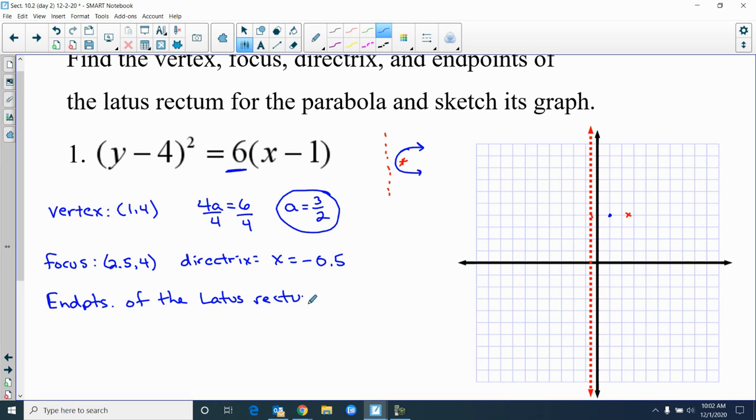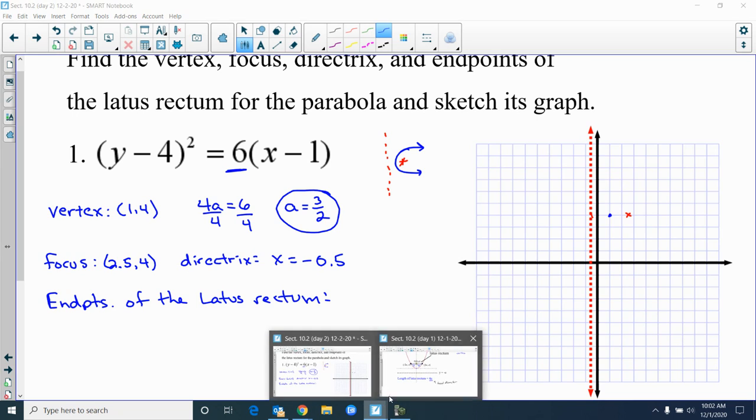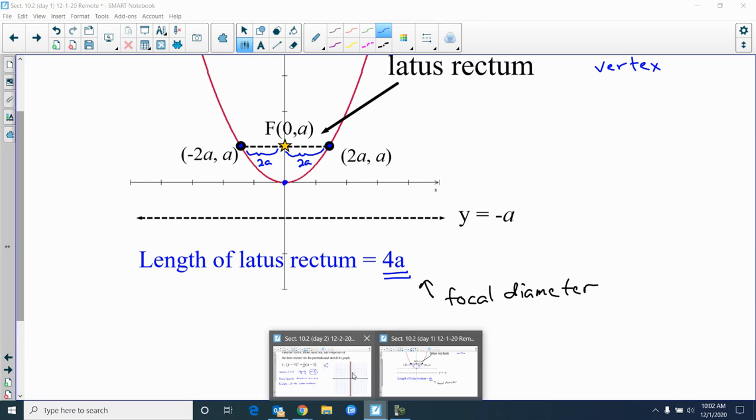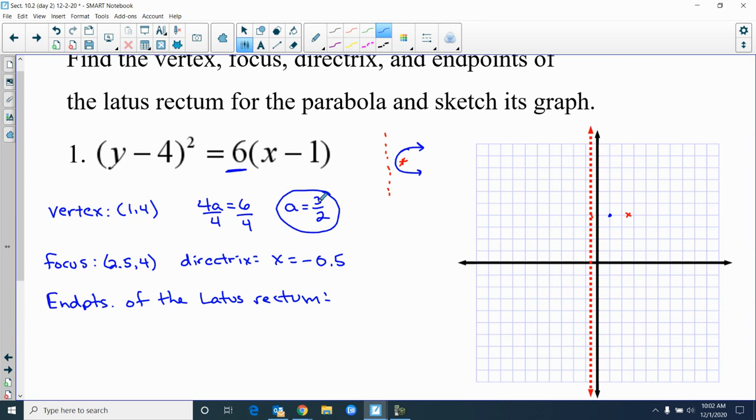Okay, the endpoints of the latus rectum. Let me go back to yesterday. Remember, you go 2a, either up, down, left, or right, from wherever your focus is, so you double our a value. Our a is 3 halves. If you double it, that would be 3.